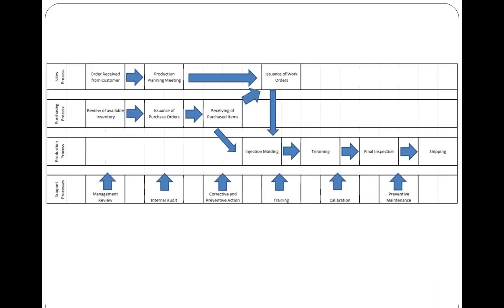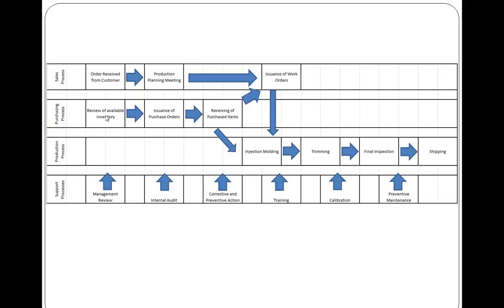This particular model here is commonly referred to as swim lane. Now, the names of the processes are over here on the left. There's actually 4 of them: sales, purchasing, production, and support. And as you get into the swim lane itself, you have the actual steps of the process called out: order received from customer, planning meeting, issuing work orders.